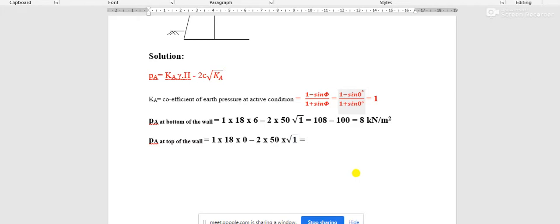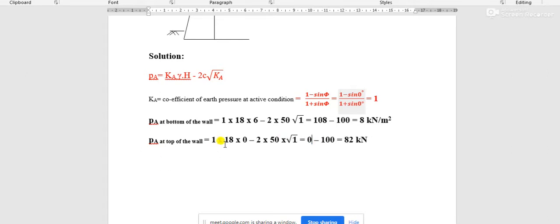Now here, making the calculation, this one is 18 minus 100, and that is 82 kilonewton. Sorry, this one is 0.